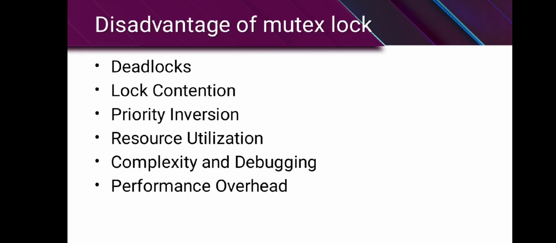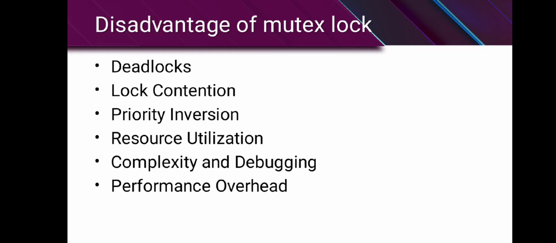Disadvantages of mutex lock: deadlocks, lock contention, priority inversion, resource utilization, complexity and debugging, performance overhead. Deadlocks: locks can cause standstills if threads get stuck waiting for each other. Lock contention: multiple threads fighting for the same lock can slow down parallel processing.